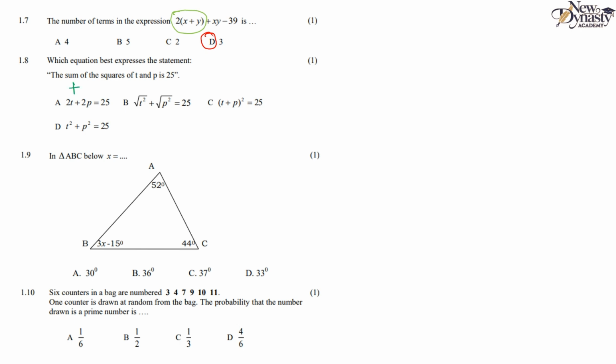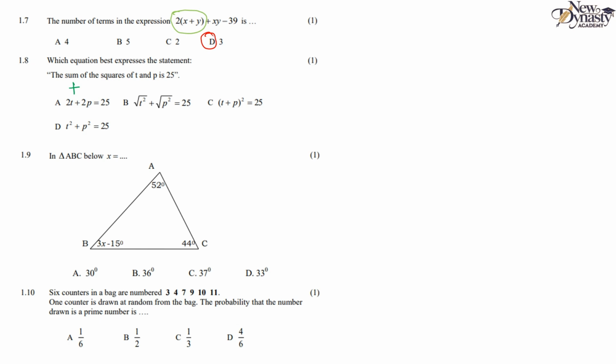Squares, remember, is that little number that you put on top of a number. So it must be the square of t and the square of p, and those are the two numbers that you add. So it must be t squared plus p squared, and the sum of those equals 25.